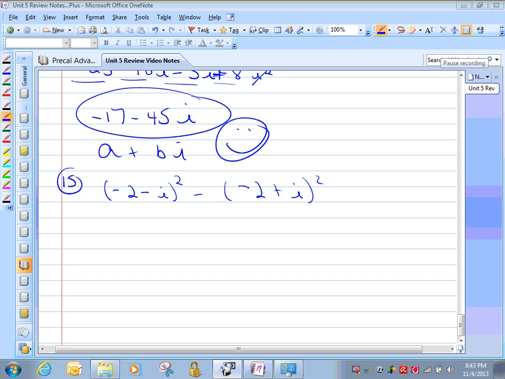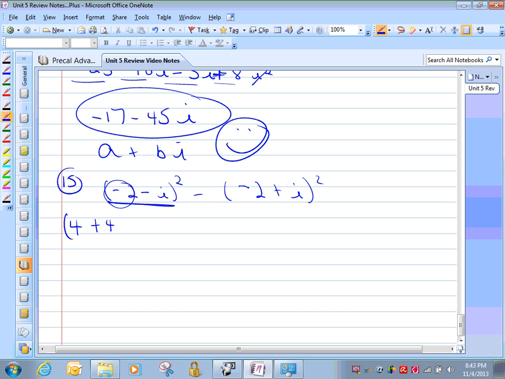All right, let's take a look at this problem. We have a binomial squared minus a binomial squared. Let's use our binomial squared shortcut to get this one. So I'm going to keep the parentheses for a few minutes. If we do this shortcut, we would take the first term, negative 2, and square it. That would be positive 4. Then we would multiply 2 times negative 2. That's negative 4. Times negative i would be positive 4i.